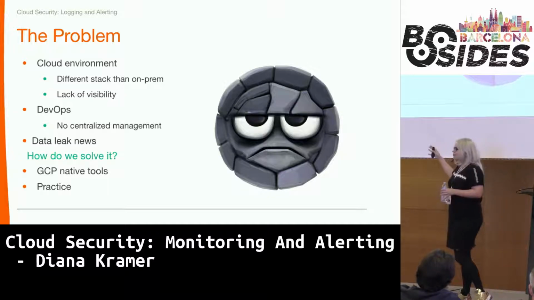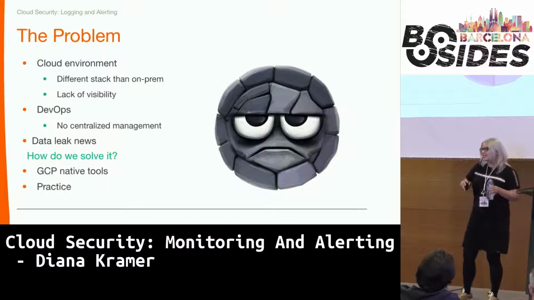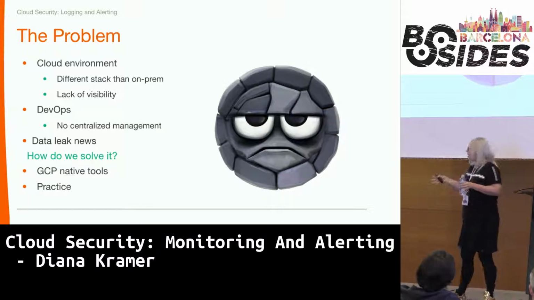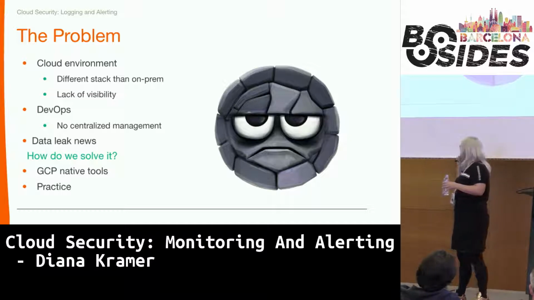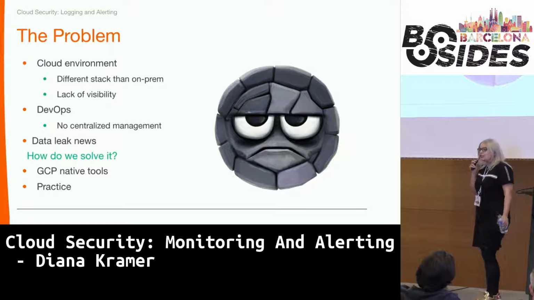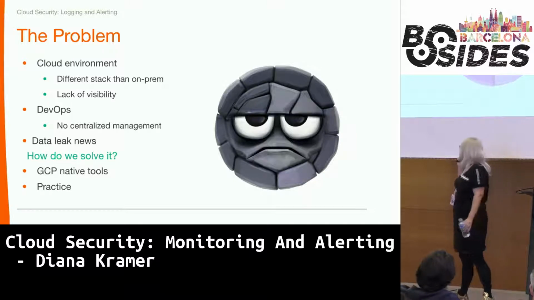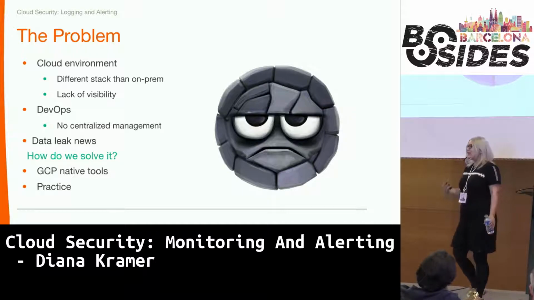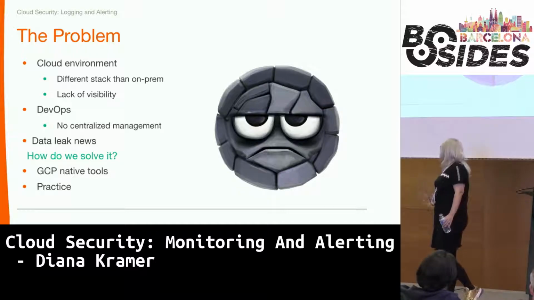Also in the DevOps environment, where developers are managing their own infrastructure, they're in agile technology companies, it happens more and more. And some companies even enforce that the developers manage their own infrastructure. They don't want it centralized. And this lack of centralized management also makes us feel insecure and out of control, and makes us not be too open to the cloud.